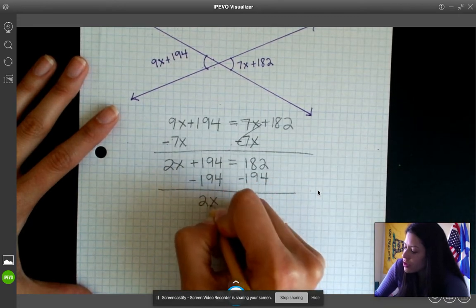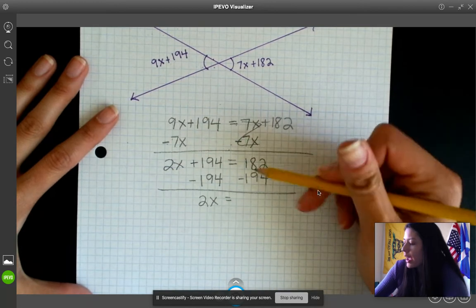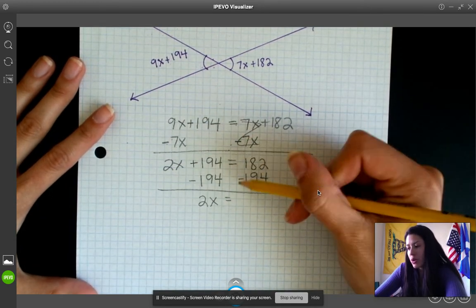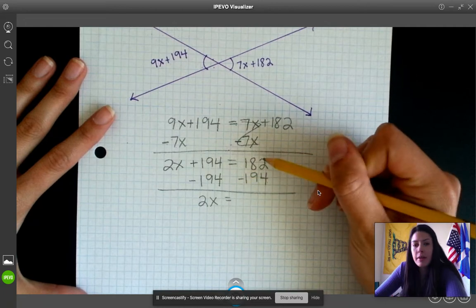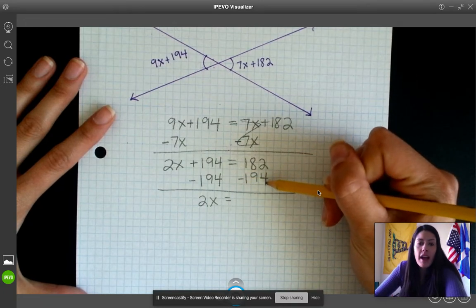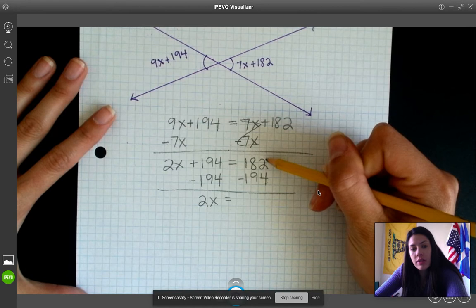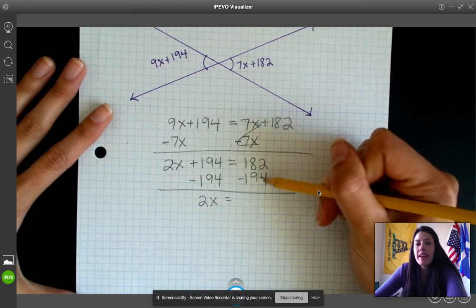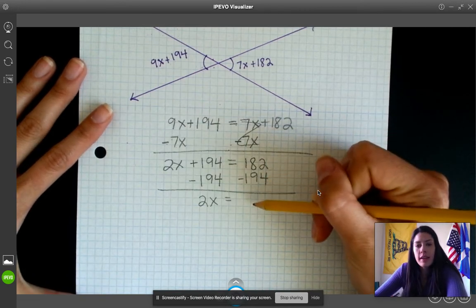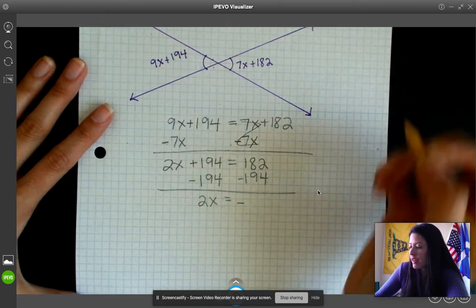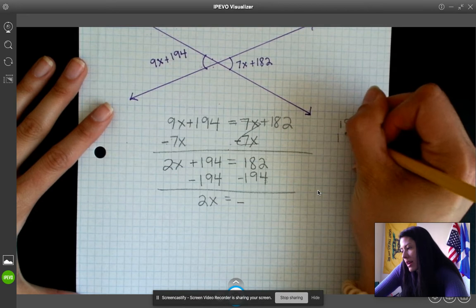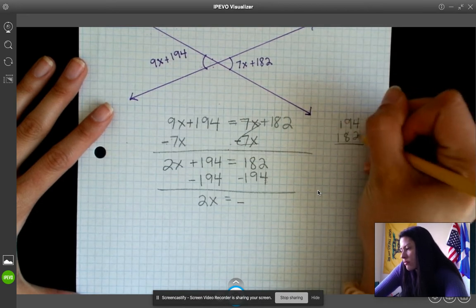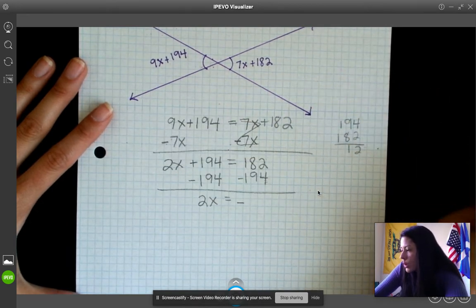So I'm left with 2x. And I've got a positive 182 minus 194. Of course, I'm subtracting. I have more negatives than I do positives. So I'm going to be finding the difference between the two. And my answer is going to be negative, okay? So off to the side, I'm going to do 194 minus 182, and I'm going to get 12.